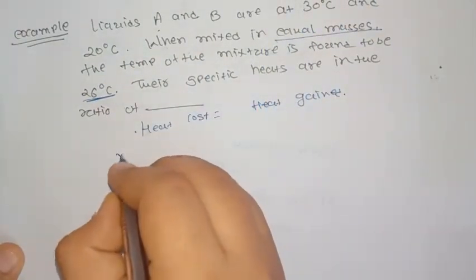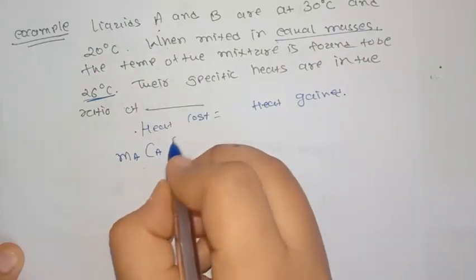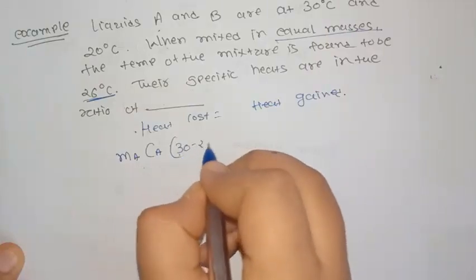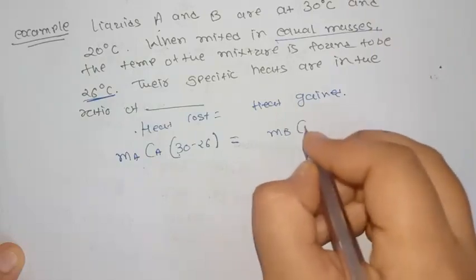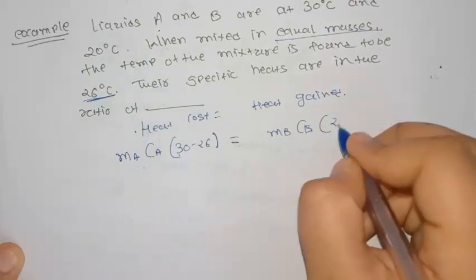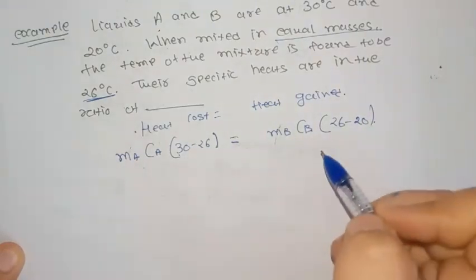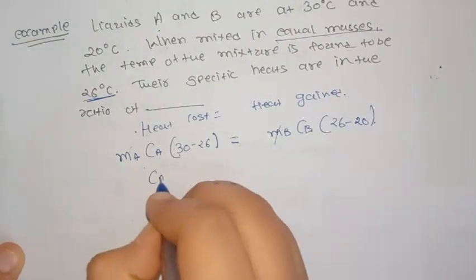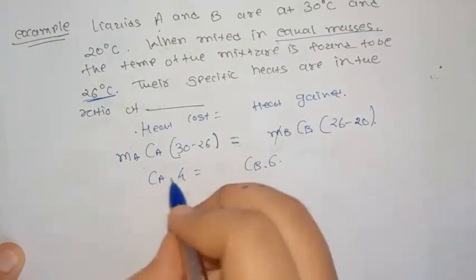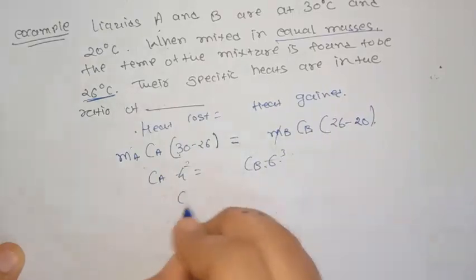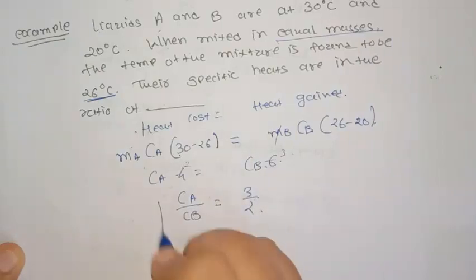So mass of A into specific heat of A into ΔT, that will be equal to 30 minus 26, is equal to mass of B into specific heat of B into 26 minus 20. Given they are added in equal mass, this will get cancelled out. So Ca into 4 is equal to Cb into 6. So Ca upon Cb is equal to 3 by 2.